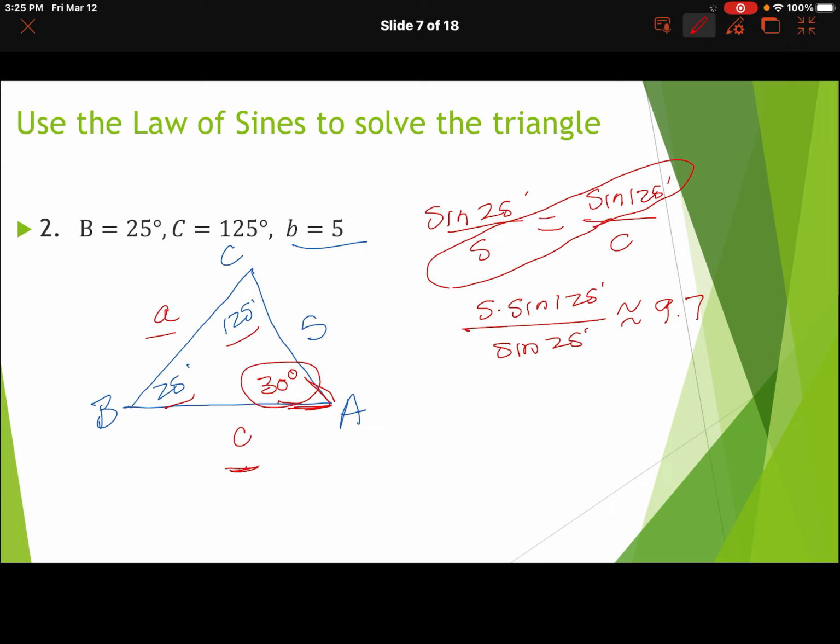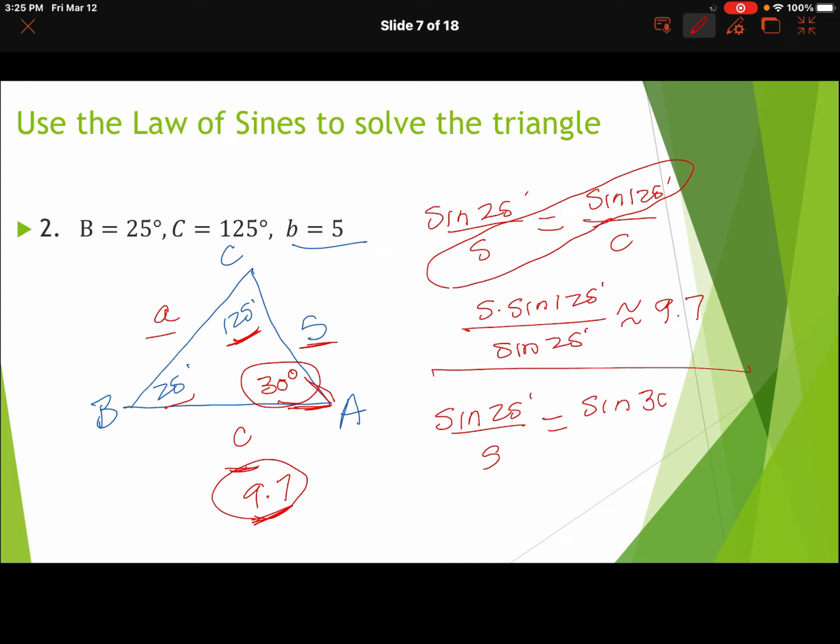So this is 9.7, which is good because it has to be bigger than 5 because 125 is bigger than 25. So now I'm going to solve for side A. I'm going to use the same proportion that they gave me because, like I said, this 9.7 is rounded. So I'm going to use the same sine of 25 over 5, and I'm going to write it as sine of 30 over A, so I can find A now.